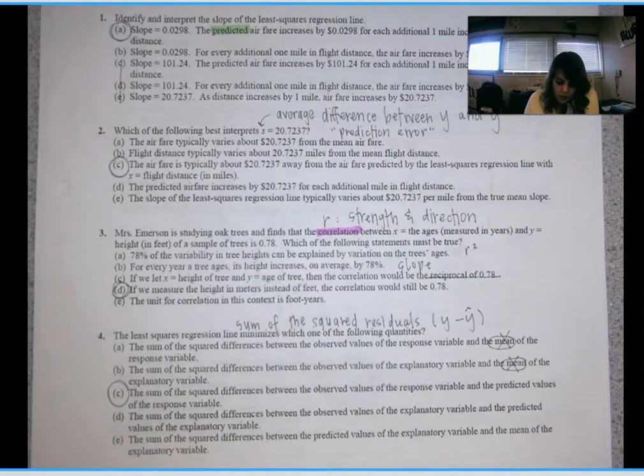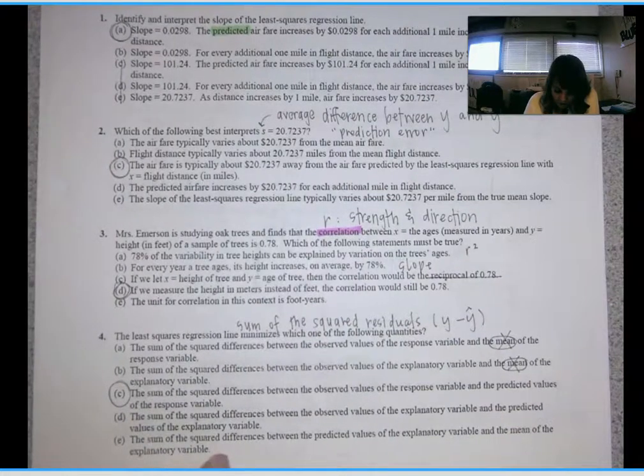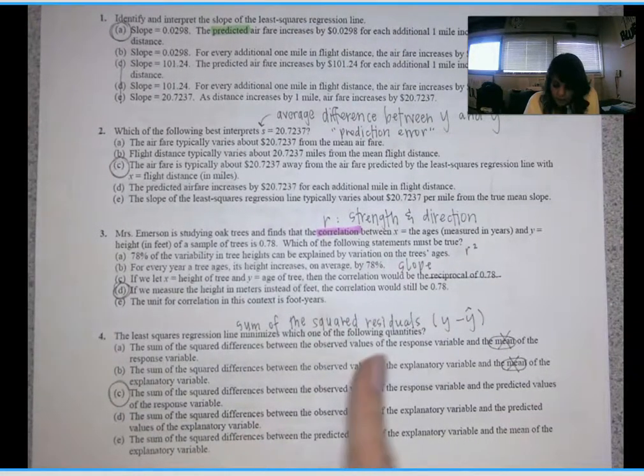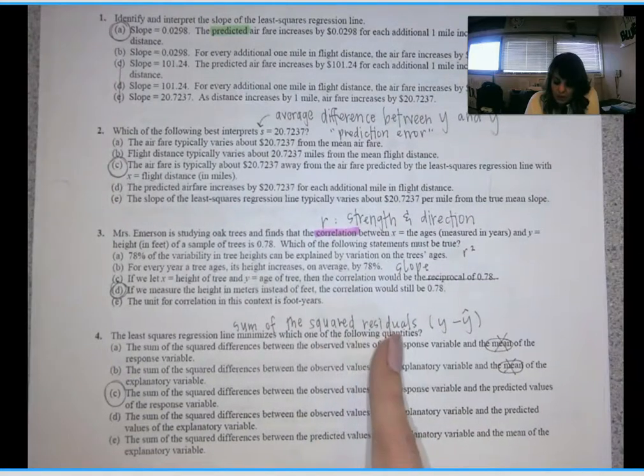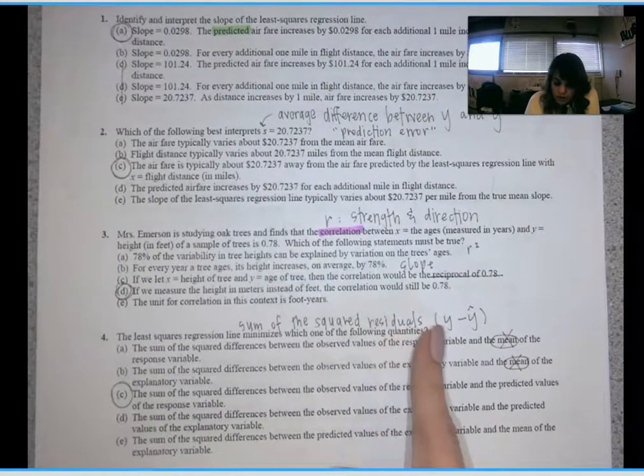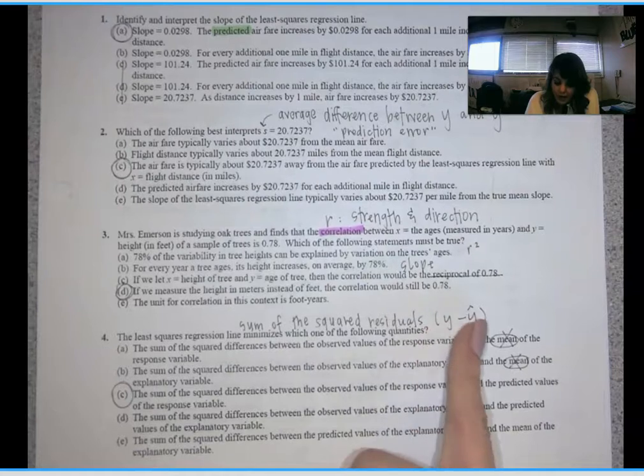So this one is one where we have to really pay attention to what they're telling us. So all of them start with sum of the squared differences, but we are looking for what is closest to sum of the squared residuals, which is the difference between y and y hat.